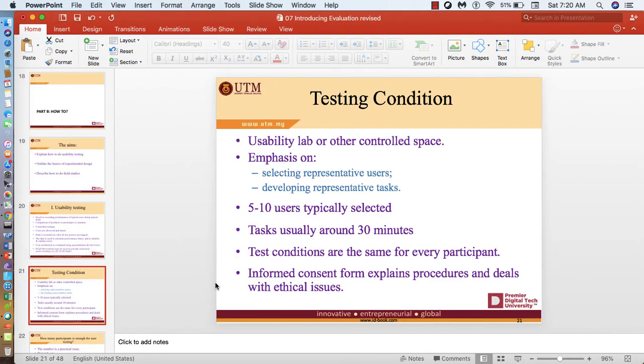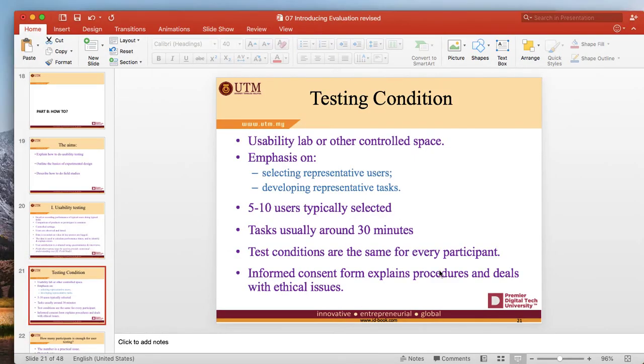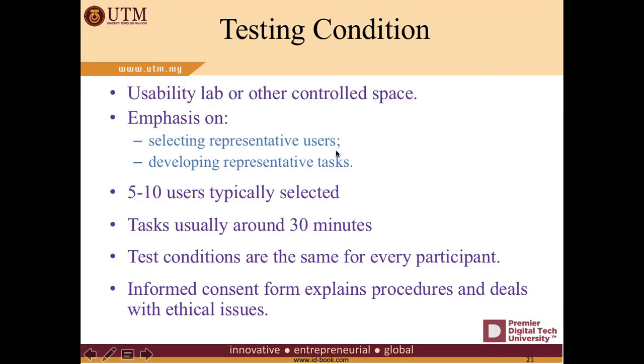Okay, let me go to the next lecture notes. In usability testing, normally we involve more than 5 users. Typically, if you want a good result, you go for 15 users. Normally one set of tasks should give the user around 30 minutes.